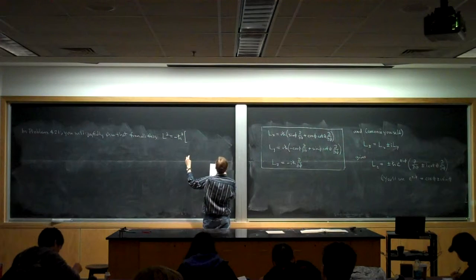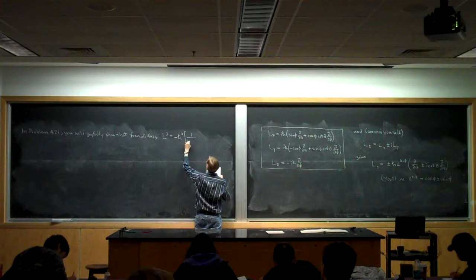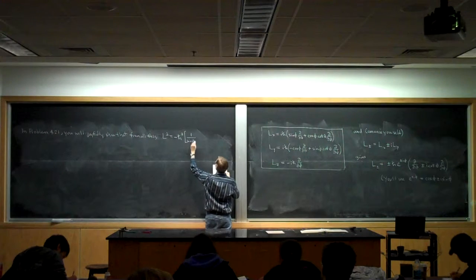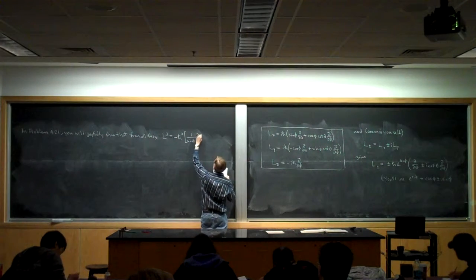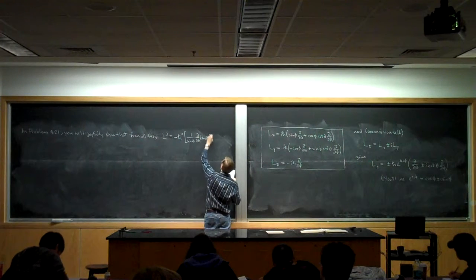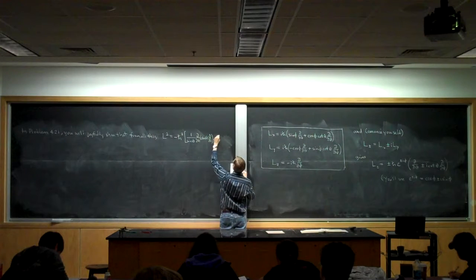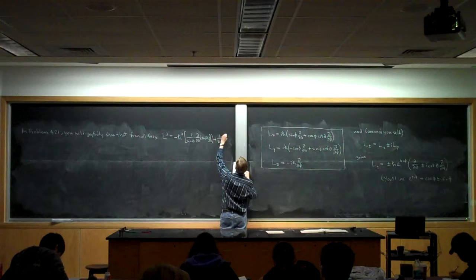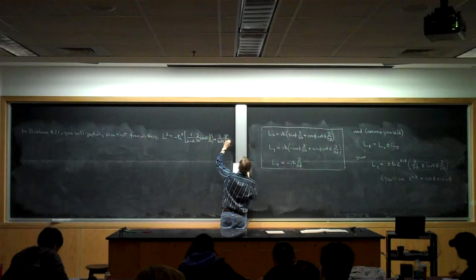That L squared is in fact minus h bar squared times 1 over sine theta d/d theta of sine theta d/d theta, plus 1 over sine squared theta d squared/d phi squared.